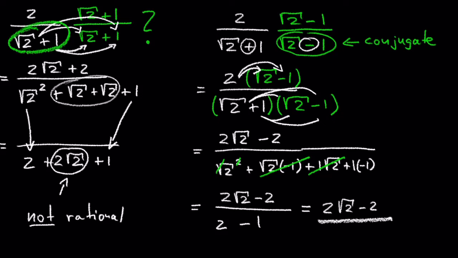A much faster way to solve this part of the problem is to memorize and use the third binomial, which is a plus b in parentheses times a minus b in parentheses is equal to a squared minus b squared.